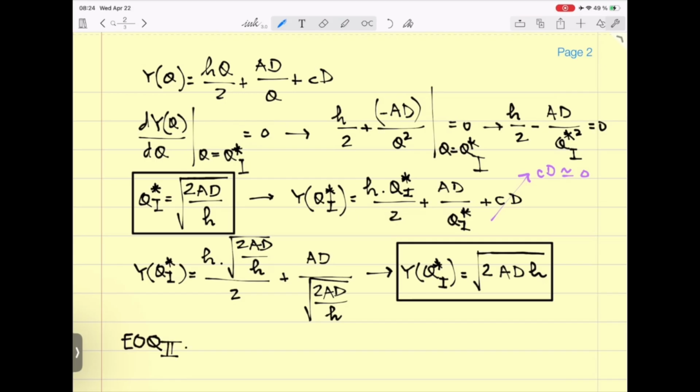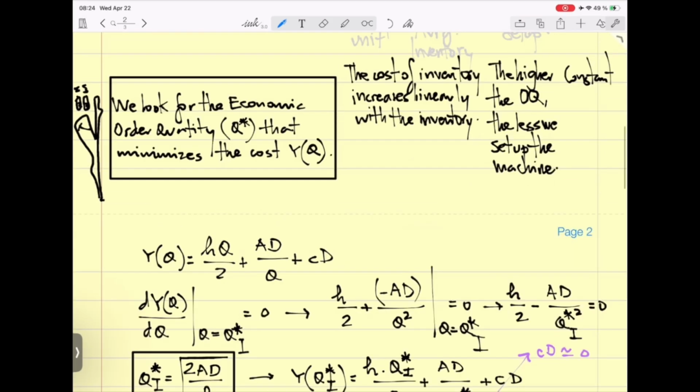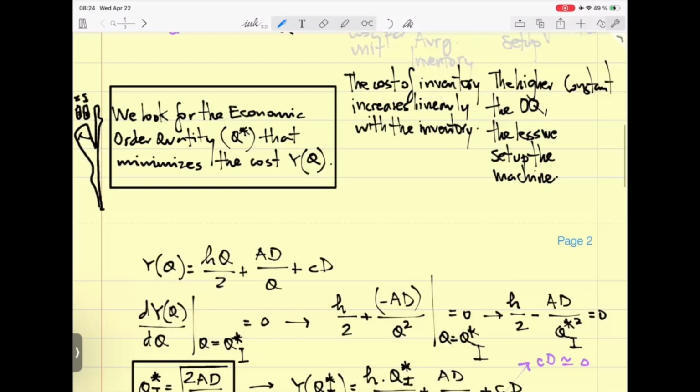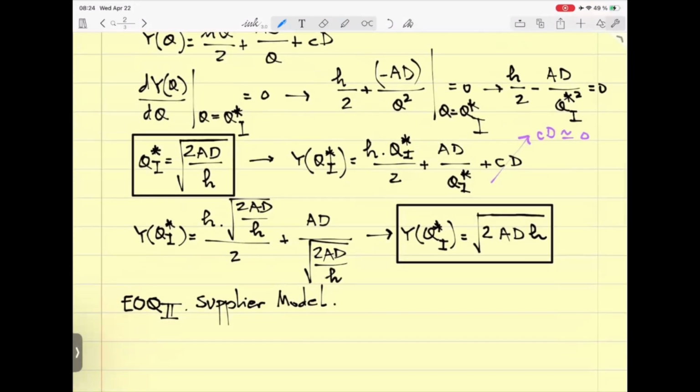Number 2, which is called the supplier model. In the first one we have the hypothesis of immediate delivery and production, so this is the ideal model, with constant demand. Now with the supplier model, we have different hypotheses, so the model is going to be a little bit different. In the first model, we didn't accept stock out.